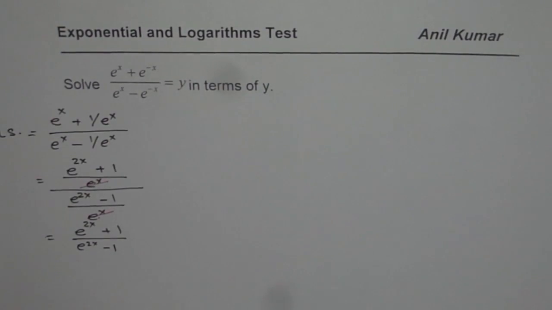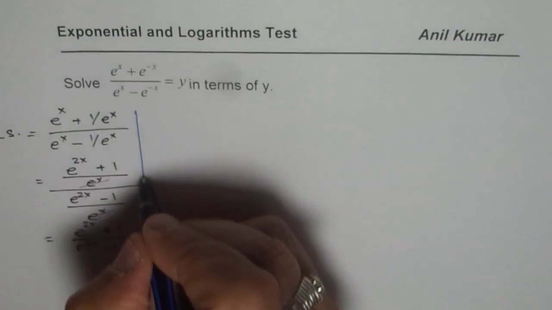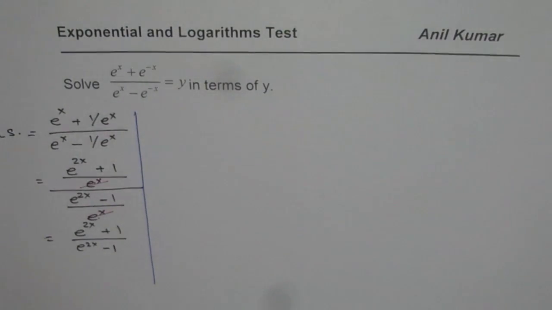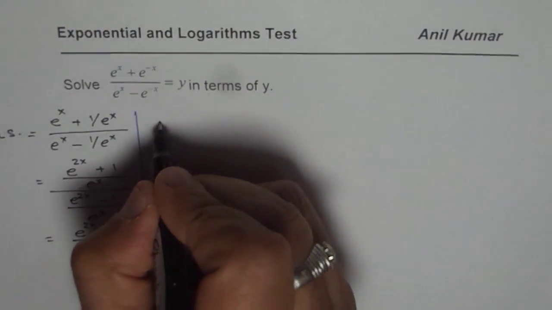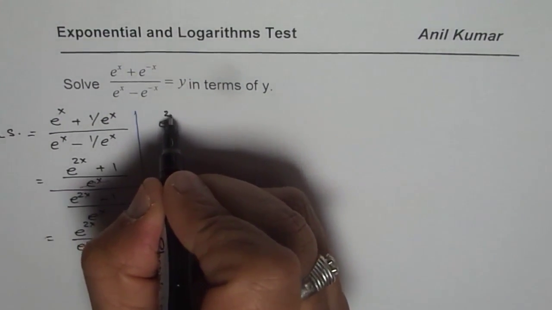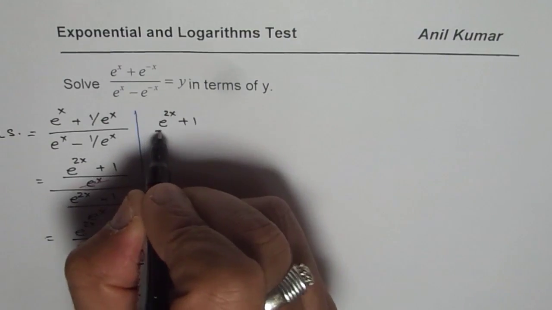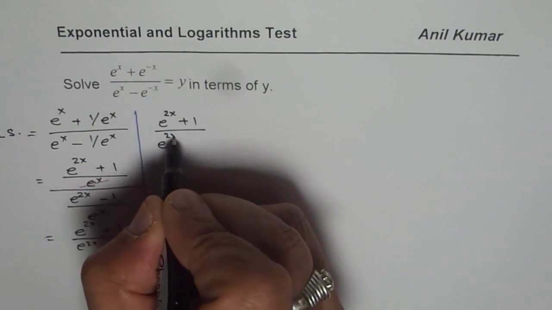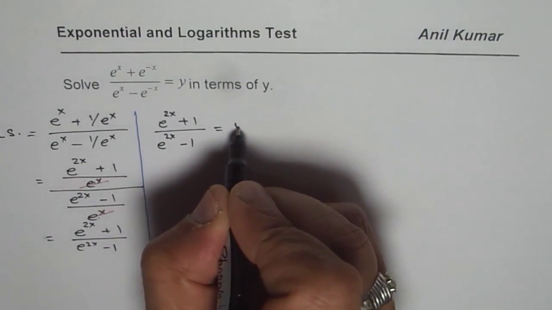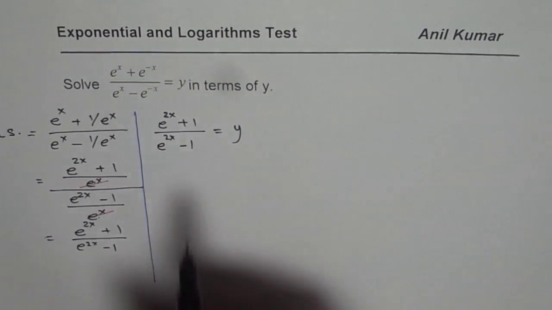And now let us write down this left side equals y, and then we'll solve the equation itself. So what we get here is (e^(2x) + 1) / (e^(2x) - 1) = y. Do you see this y? Now let's solve the equation.